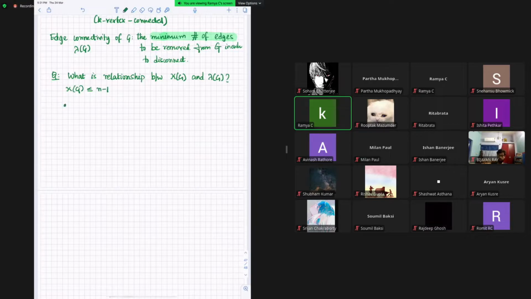Let's say we have a graph. There are some d vertices. This vertex b has degree d, and everything else has degree less than d. So now, how large can lambda of G be?